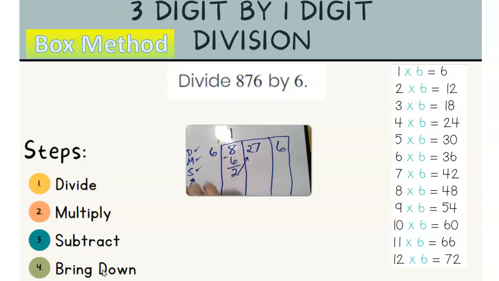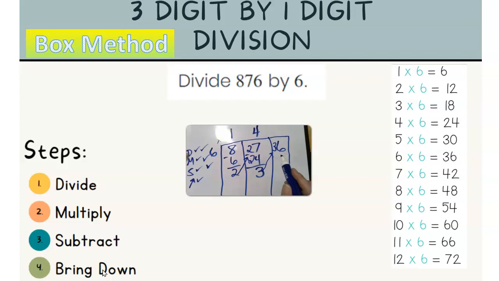So now let's repeat the steps. Go back to divide. 27 divided by 6 equals 4. 4 times 6 equals 24. So I've divided, I've multiplied. Now I'm going to subtract. 27 minus 24 equals 3. Check. And again, instead of bringing a number down, we're going to take this number and just bring it up here in front of the 6.